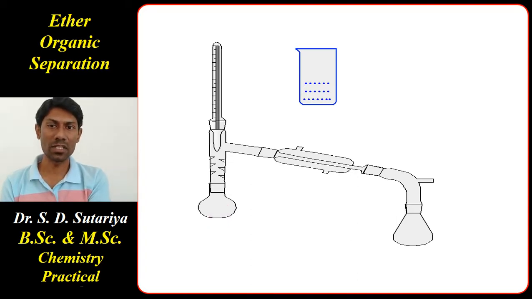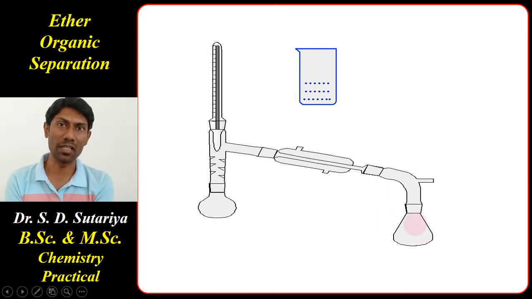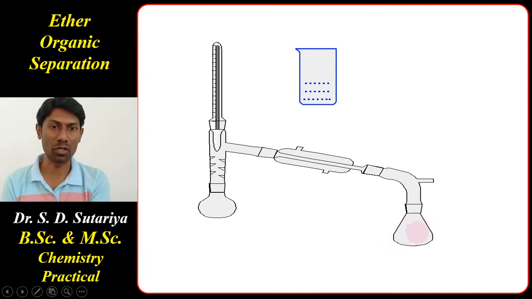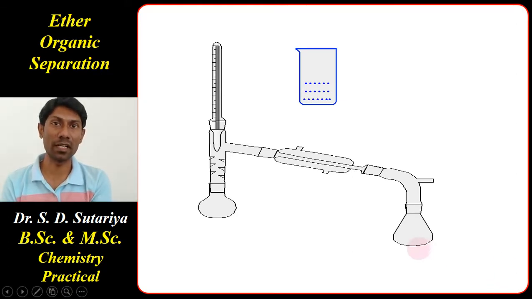Then what comes first? The ether solution comes first, because its boiling point is only 30 centigrade. The ether solution comes out first and is collected from 30 to about 60 centigrade. After that the second liquid comes out of this set, and consider this the first organic liquid.